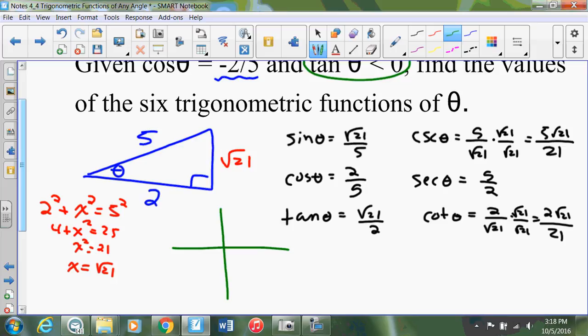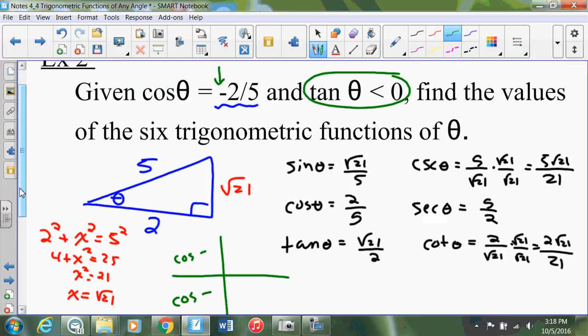Cosine is negative in the second and the third quadrant. And so that doesn't give me enough information to know what quadrant this angle theta is located in. So I have to look at the second piece of information, that tan theta is less than 0. Another way of saying that is tan theta is negative.